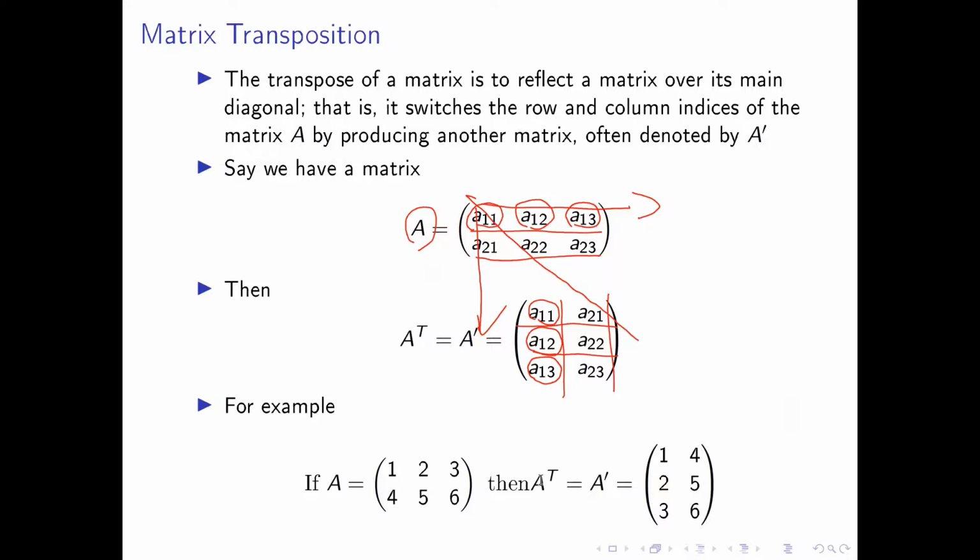The first row becomes 1, 4, the second row becomes 2, 5, and the third row becomes 3, 6. So the first row in the original matrix A, 1, 2, 3, becomes the first column in the transpose matrix A prime. And the second row in the original matrix A, 4, 5, 6, becomes the second column of the transpose matrix. So matrix transposition is relatively speaking straightforward.